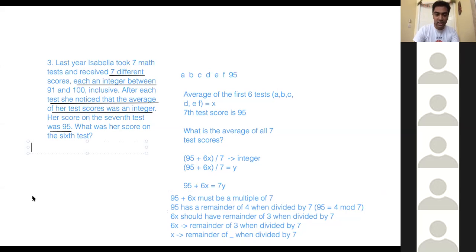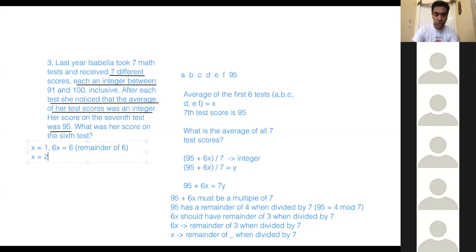So let's just imagine that x equals 1. So that has a remainder of 1 when divided by 7. 6x is equal to 6. So this has a remainder of 6 when divided by 7.